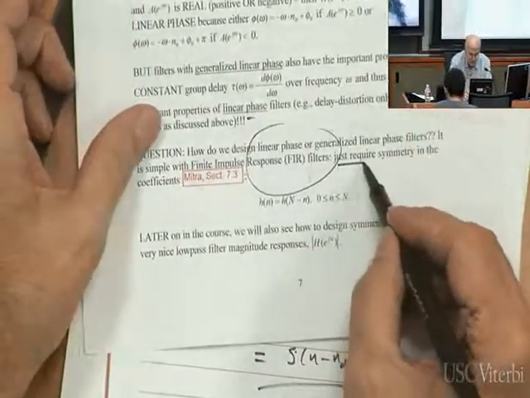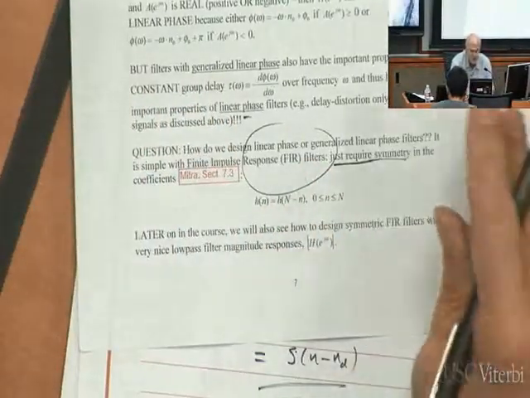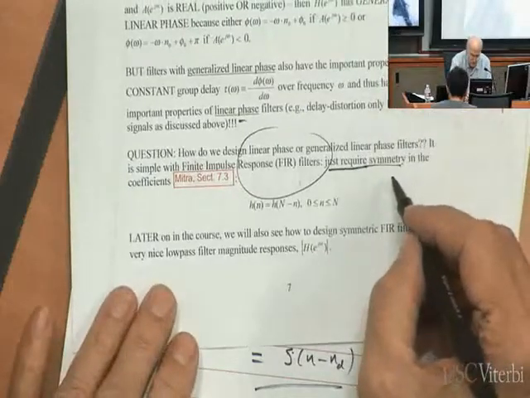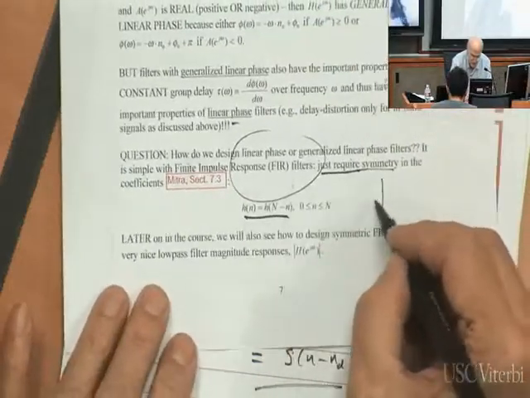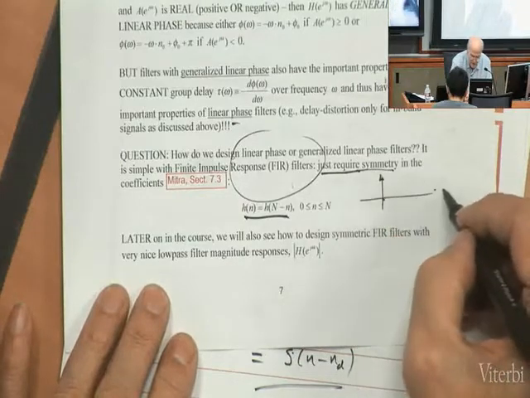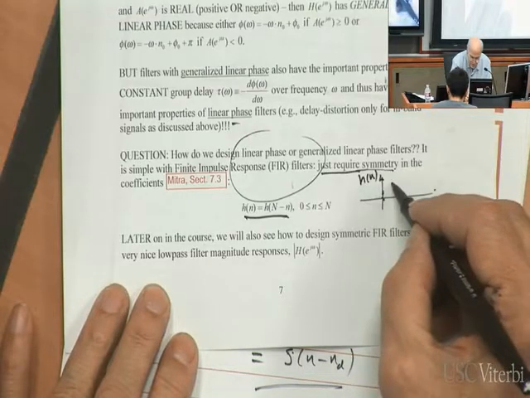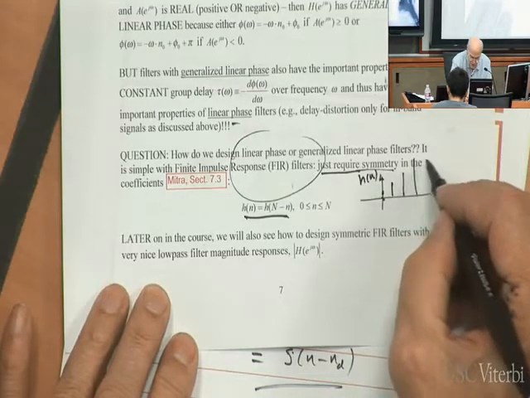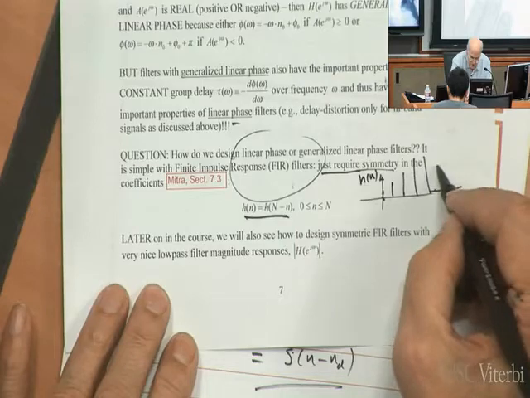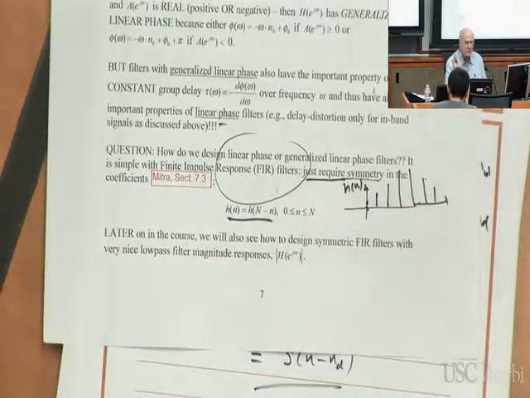As long as the coefficients of the finite impulse response are symmetric, h of n has symmetry, then the filter will be linear phase.